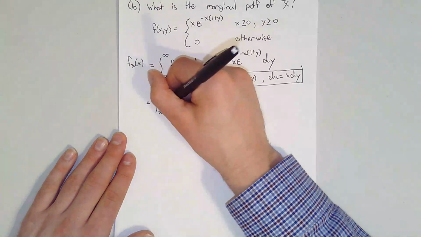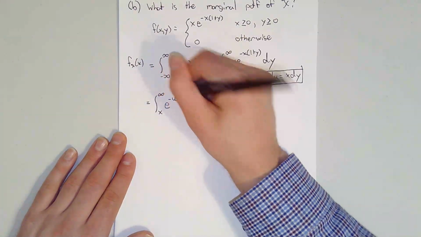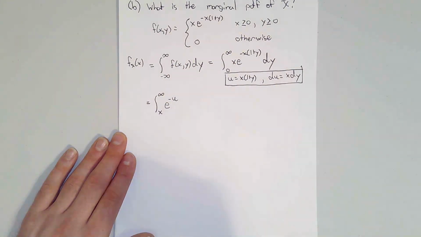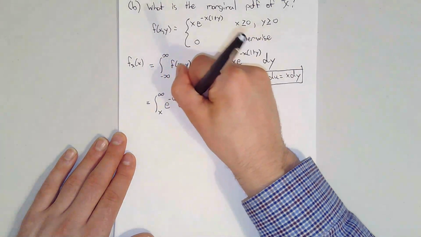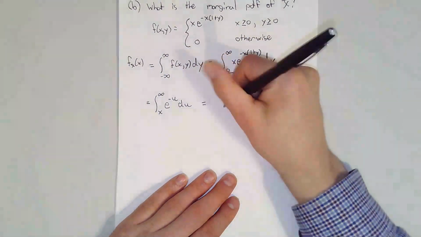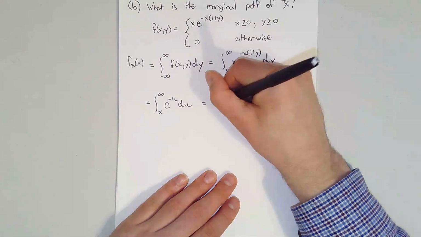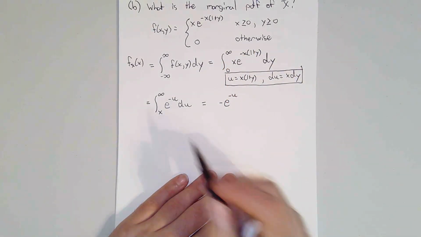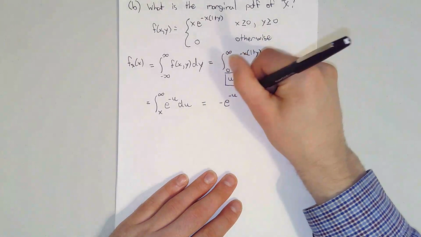So what's next? e to the negative u, and we have the x dy sitting to the side here, which is our du. From our straightforward computation, the antiderivative of e to the negative u is just negative e to the negative u.